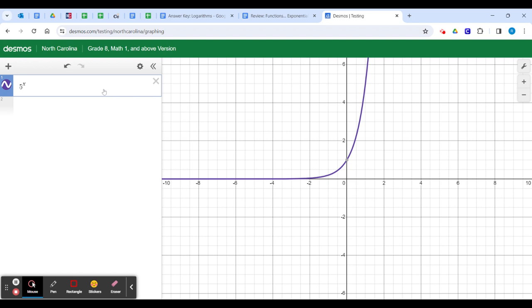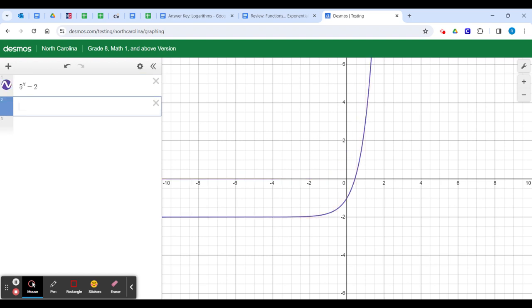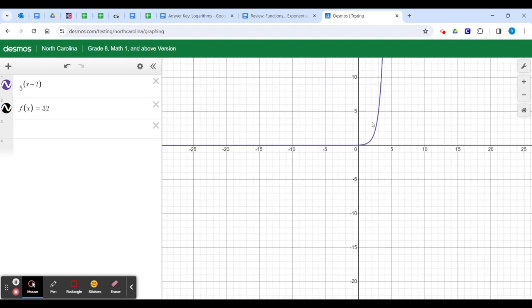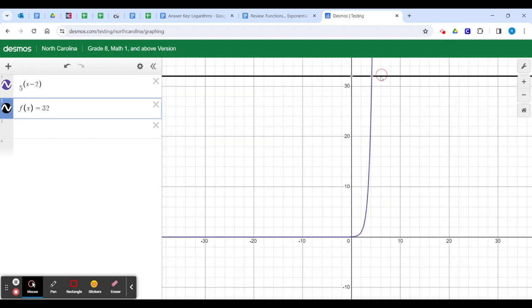We can go 5 to the x minus 2 up top, and 32. We'll need to set that as f of x equals 32. I could throw that in as two different graphs, look for my intersection there, and know that my answer is going to be 4.153.